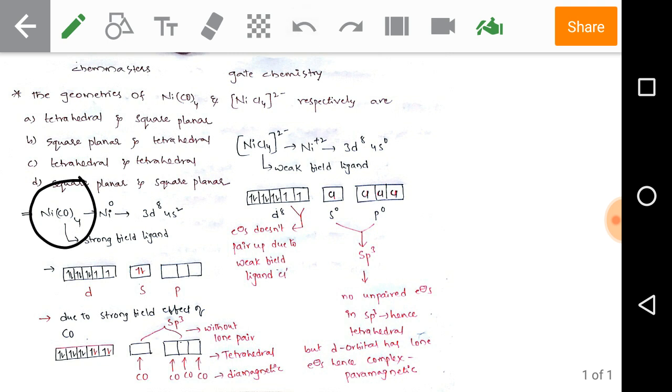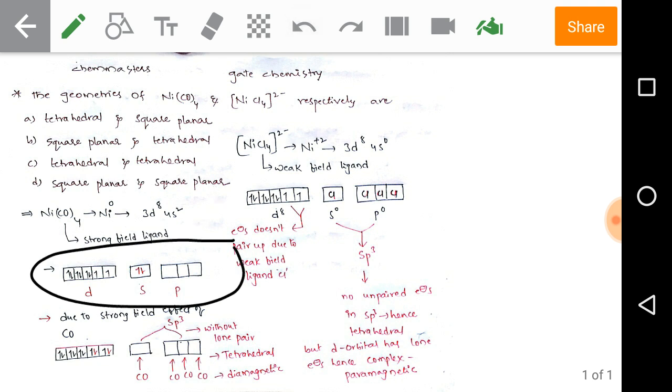In the given complex, nickel is in zero oxidation state due to neutral carbonyl. Carbonyl is a strong field ligand if we observe the spectrochemical series. Neutral nickel has 3d8 4s2 electrons. Just arrange the electrons in the orbitals.